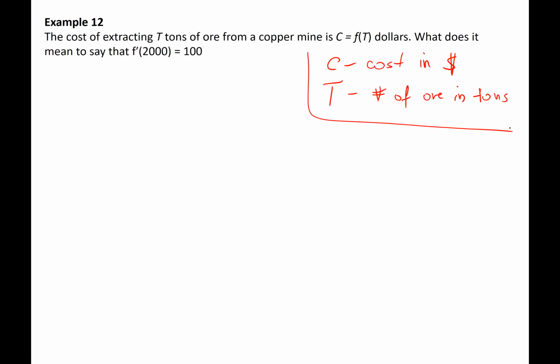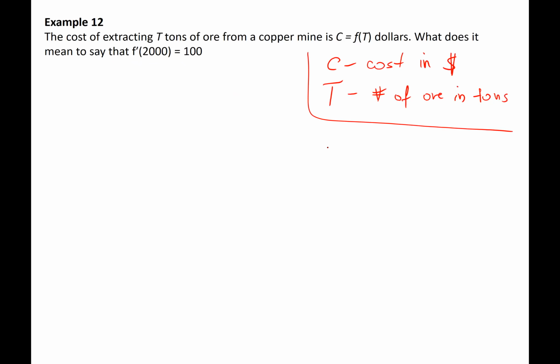Okay, we do have the derivative, oh, we do have the answer. Inger said, the cost of $100 to extract 2,000 tons. Exactly. That means when 2,000 tons of the ore has already been extracted from the mine, the cost is 100.